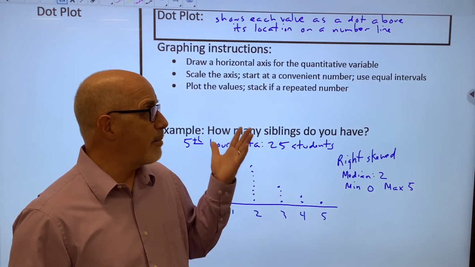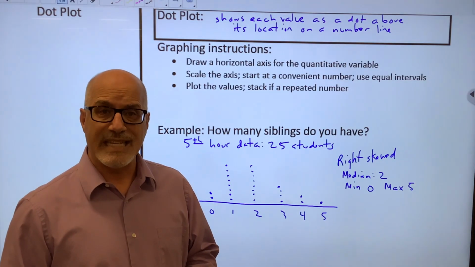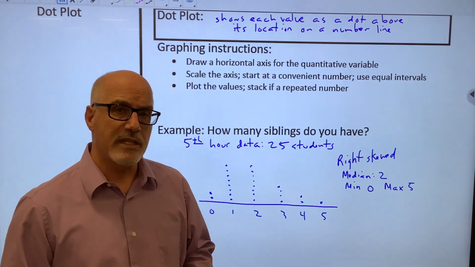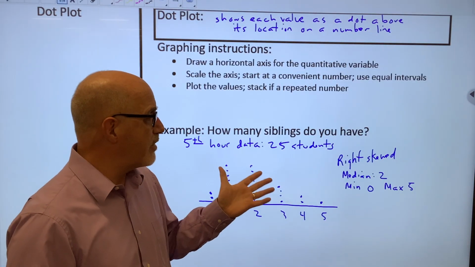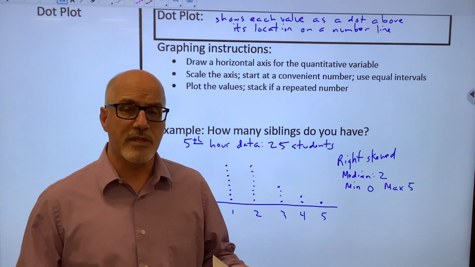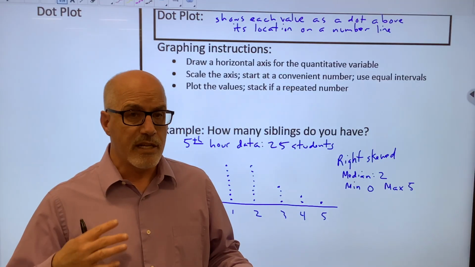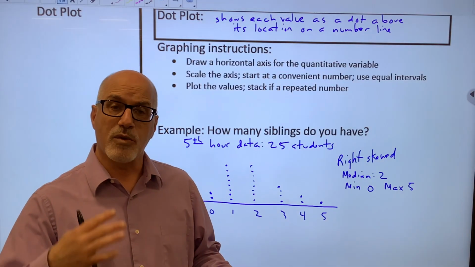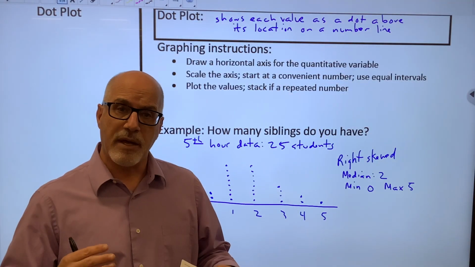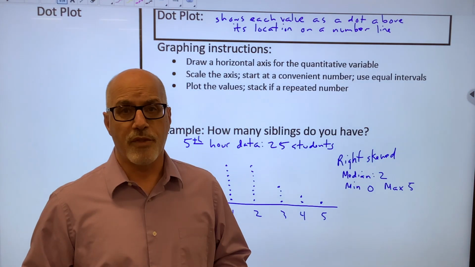Once we did that, we came up with a specific type of quantitative data graph, and we call that a dot plot, where we plot points for each piece of data, which helps us see what the shape of the data looks like. So remember, a graph helps us see what the data looks like, and from there we can start talking about some information that we can conclude from looking at the data, and also in the future we'll be able to compare it to other data sets.